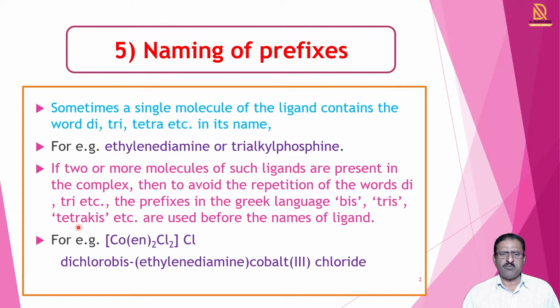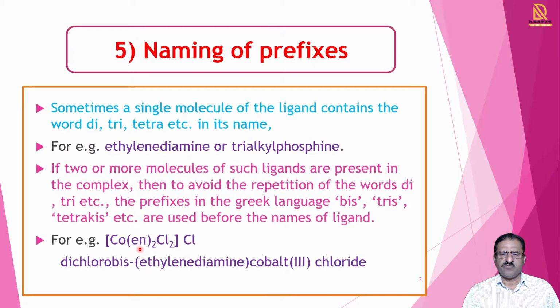Such prefixes are used only in cases when the ligand already has the word di, tri or tetra in it. For that purpose, we take some examples, and from that you get an idea about how we use the prefixes. Here we take the example [Co(en)2Cl2]Cl.